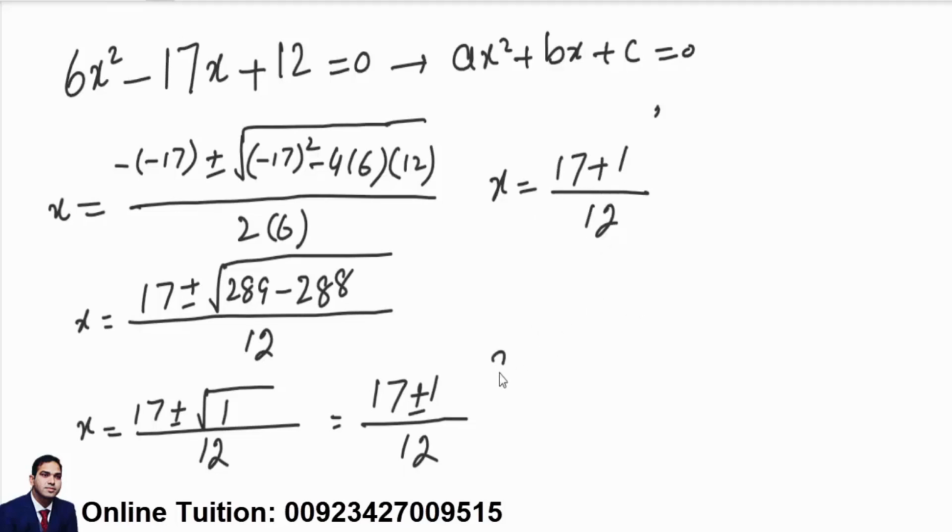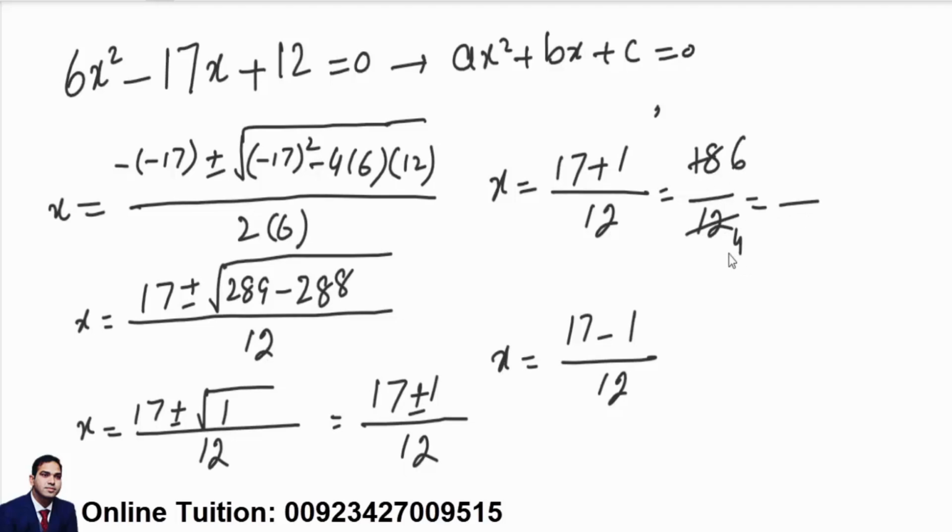The second value is x equal to 17 negative 1 divided by 12. Now solve these. This is 18 over 12. Now divide by 6: 3 over 2, one answer of x. The second is 16 over 12, which divided by 4 is 4 over 3.